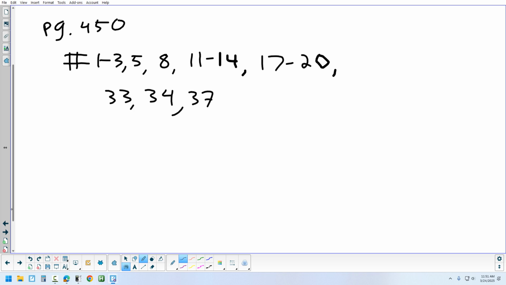Okay, so up to number 14, it doesn't do anything more complicated than graph the point. So those are pretty quick. 17 through 20, you're writing in trig form. 33, you're multiplying. 34, you're dividing.